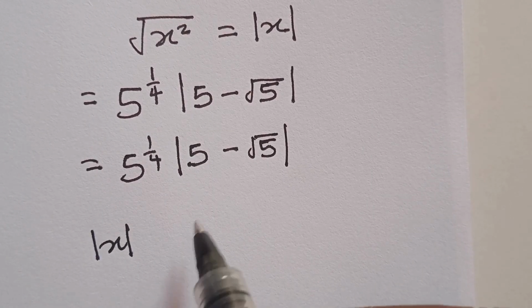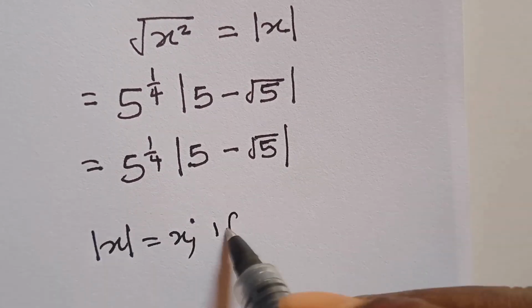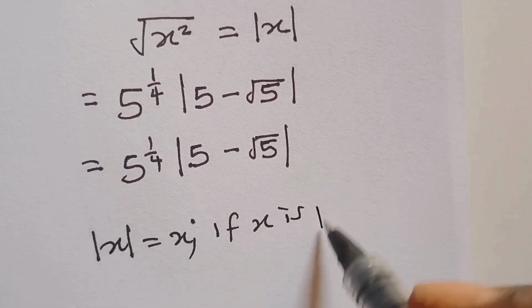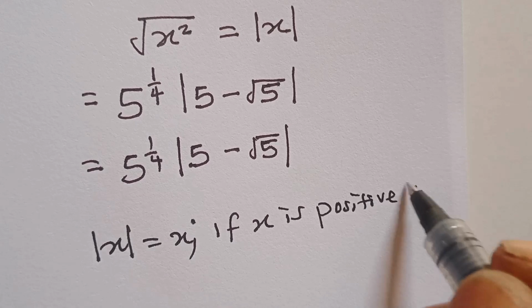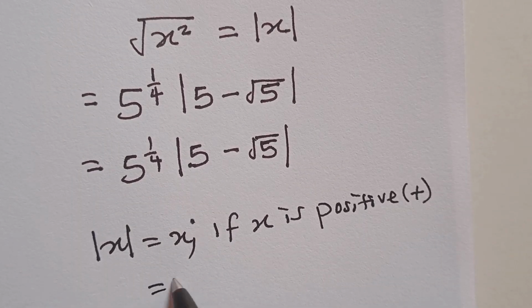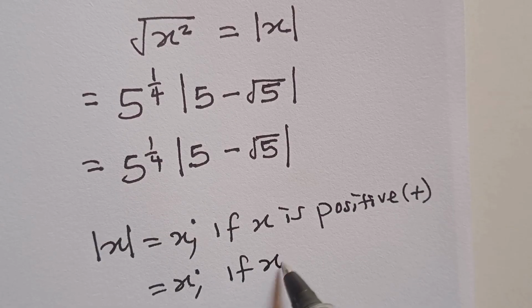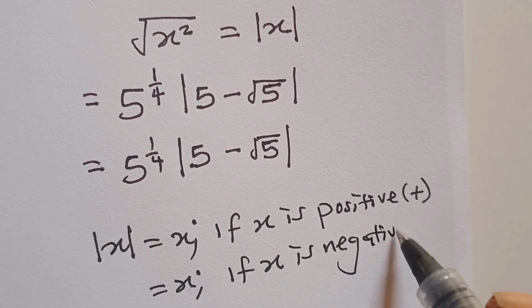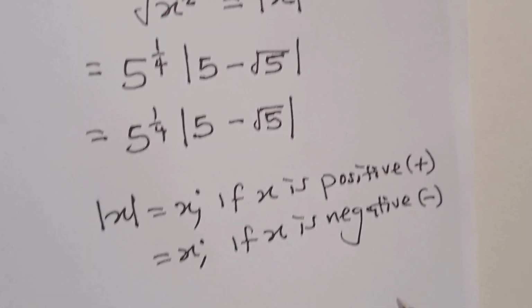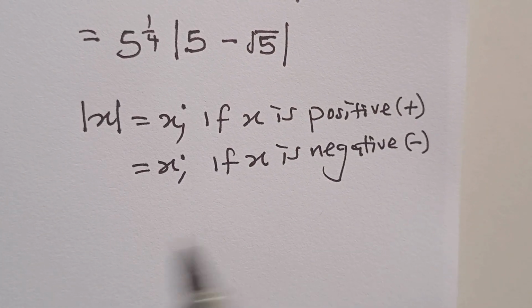So absolute value of x is equal to x if x is positive, and absolute value of x is equal to negative x if x is negative. That is, regardless of what you have within the absolute value, the result will always be positive.